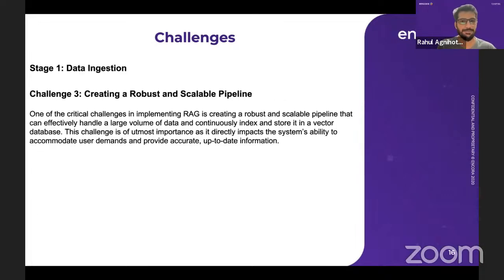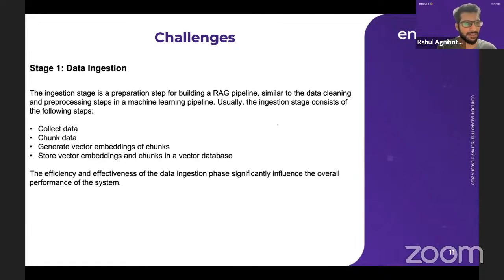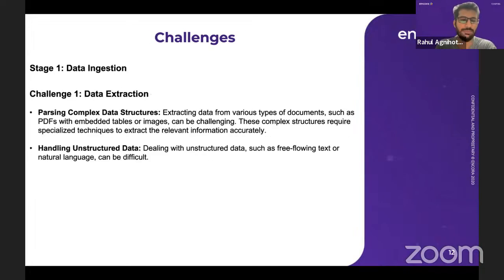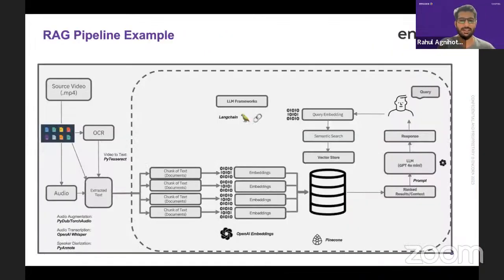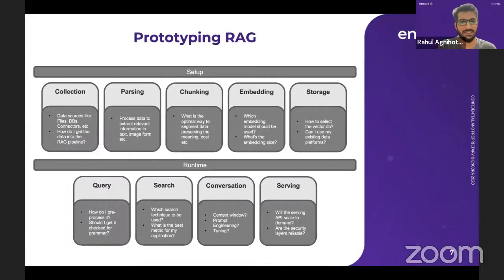The reason I picked challenges and these proposed solutions is that you need to keep them in mind while designing a system. You can always find code examples online, but keep all these things in mind when designing, and understand how complex it could be to design the whole RAG pipeline.